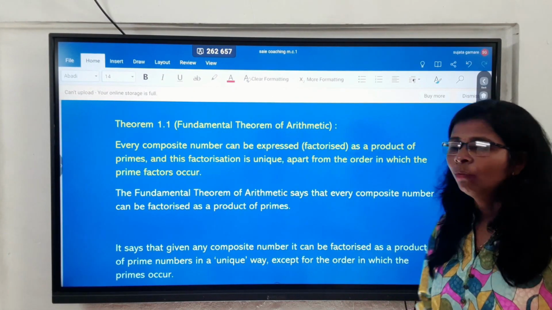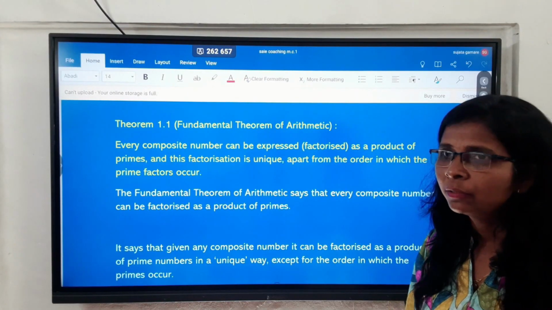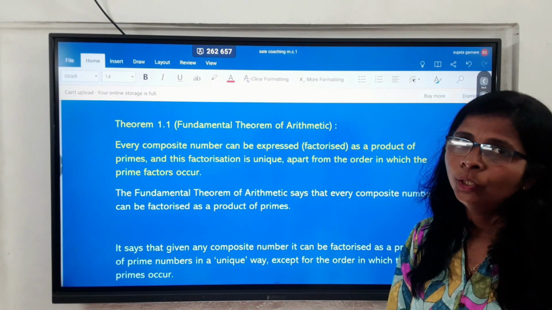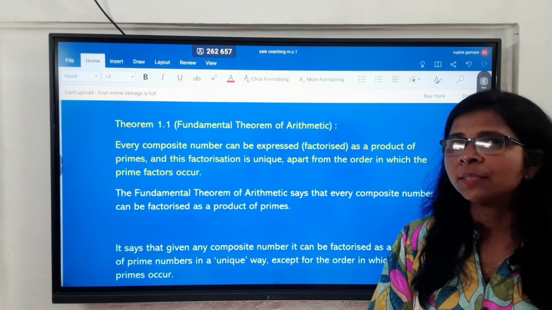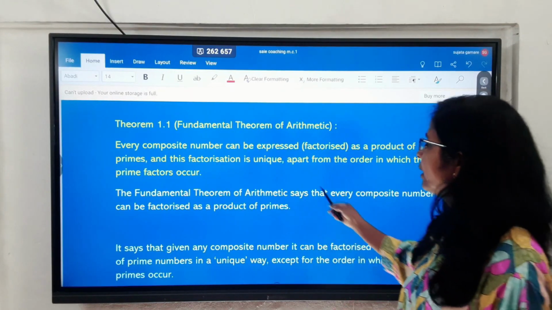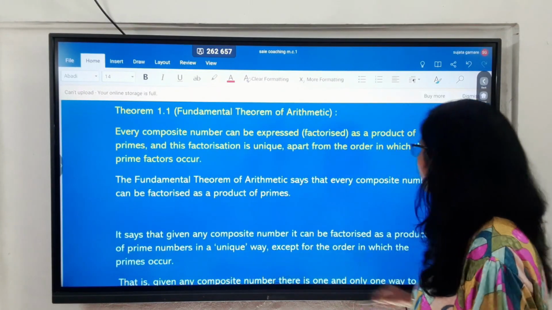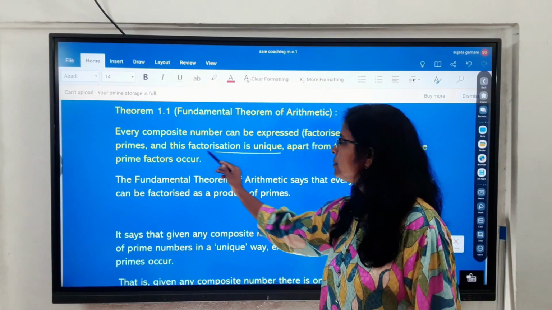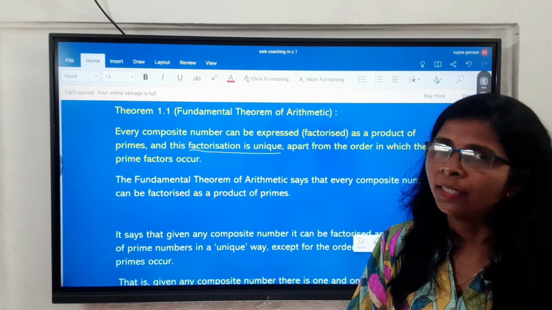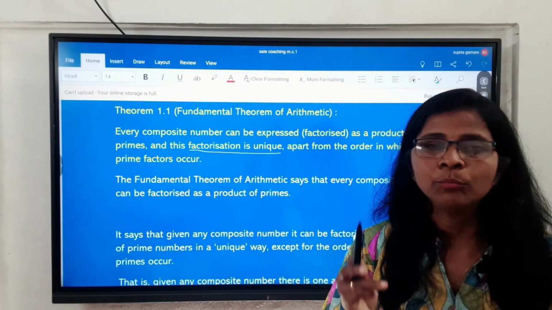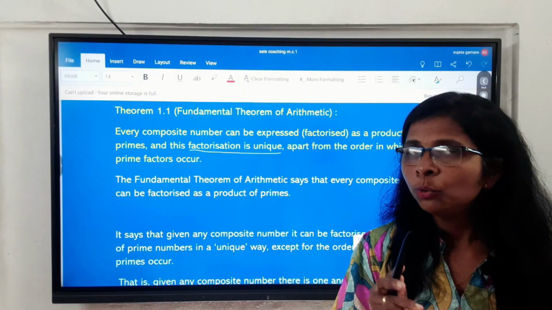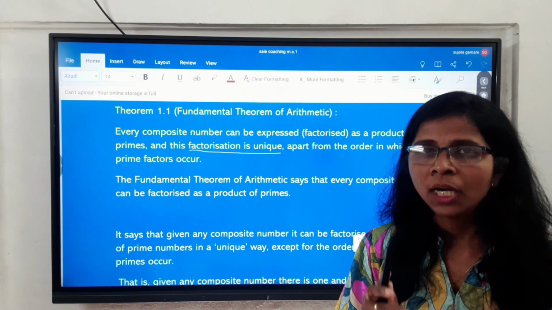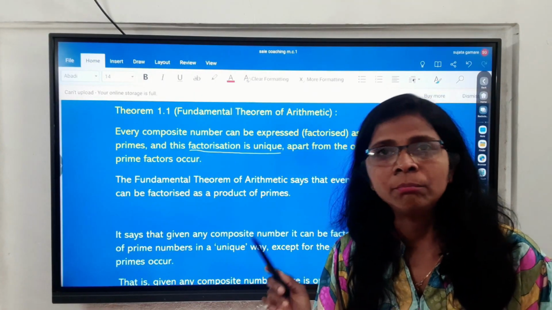Okay, so now we know that every composite number can be factorized, but those factors should be expressed in a unique way. There is a specific way you can express that composite number, and you know that that unique way is the product of prime numbers in ascending order.